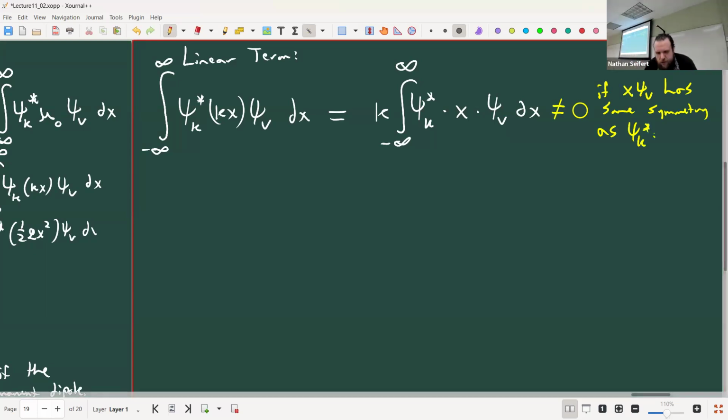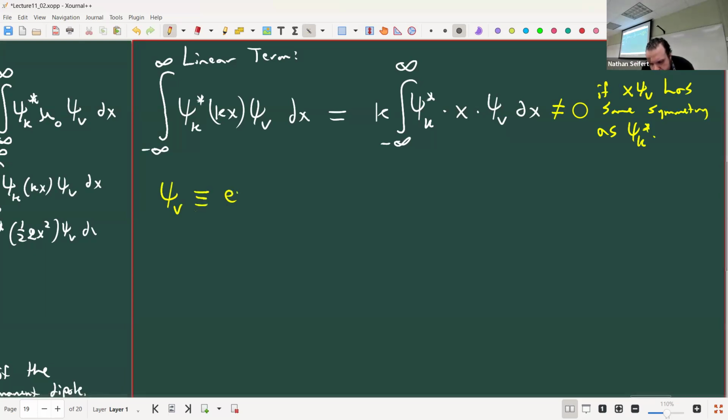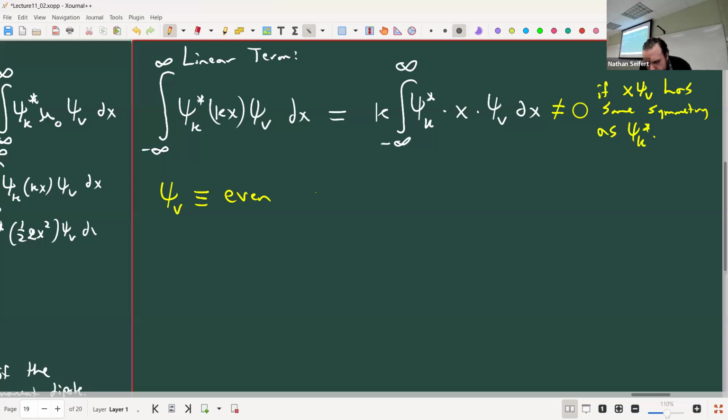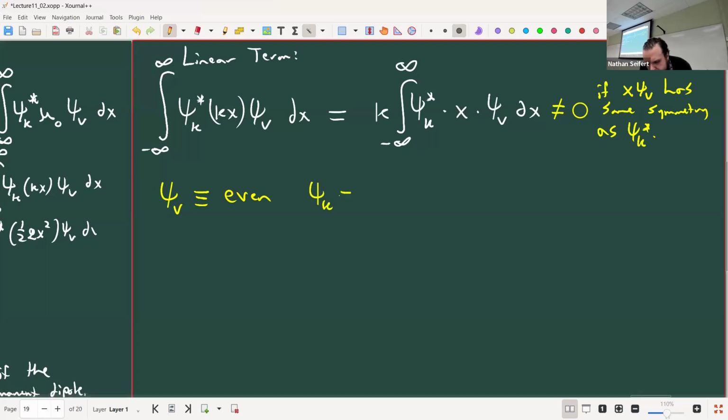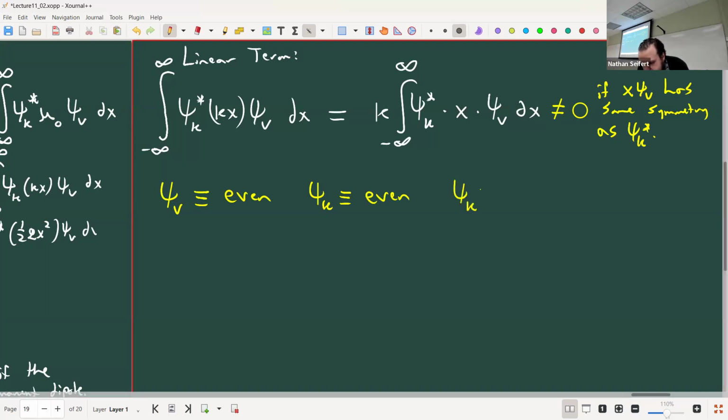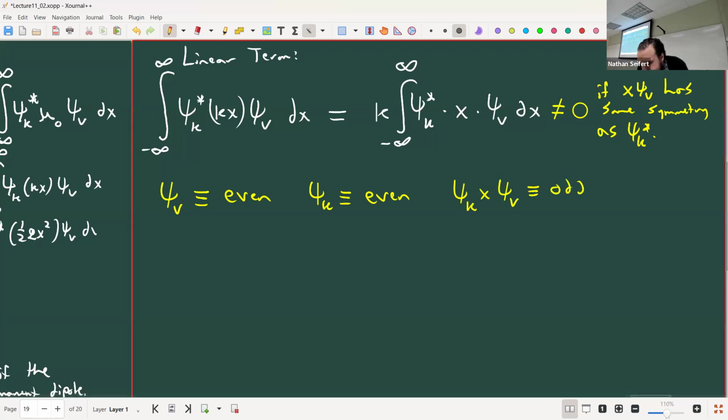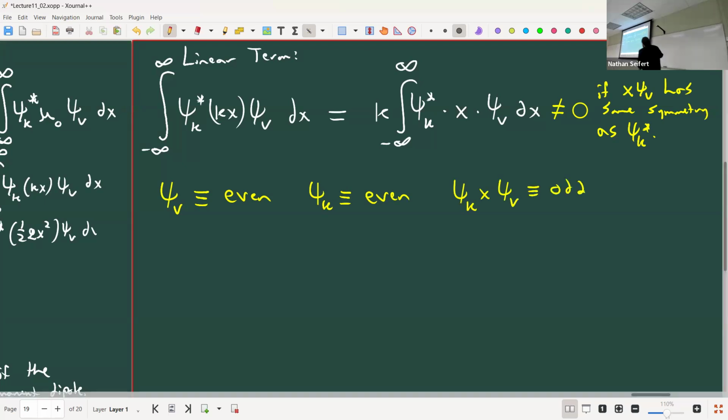Well, let's look. If psi v is even and psi k is even, then psi k x psi v is odd. Because psi k times psi v is even, even times even is even, but you have an x now, that's an odd function.